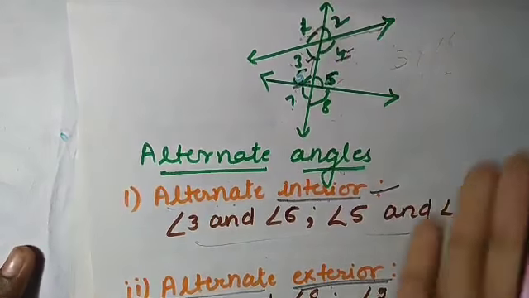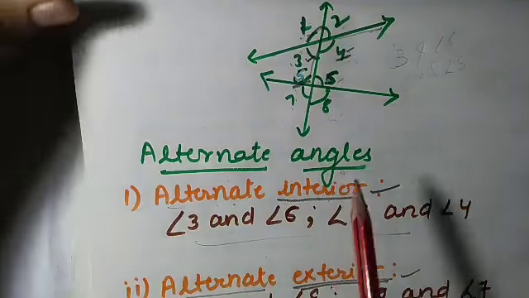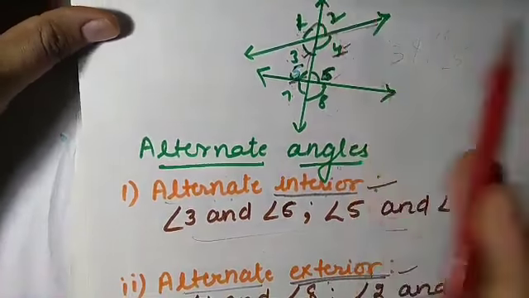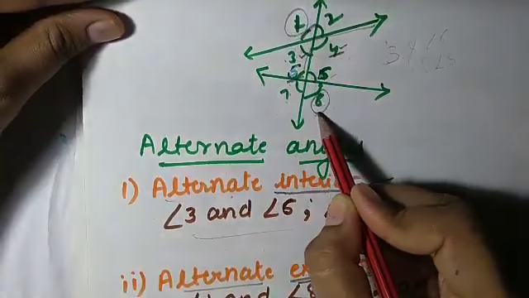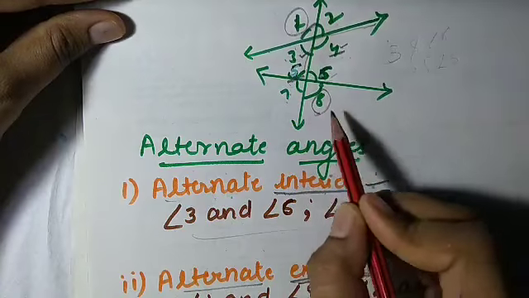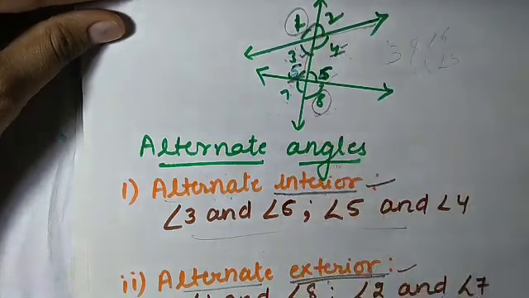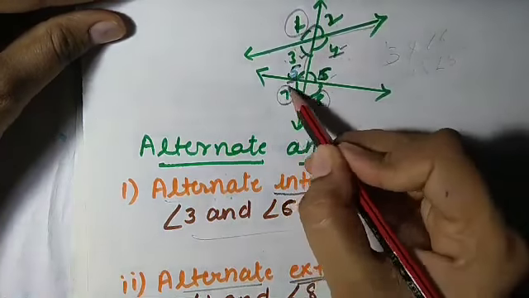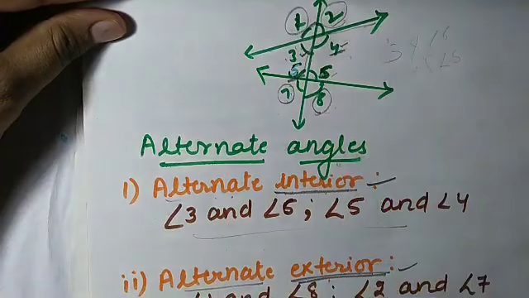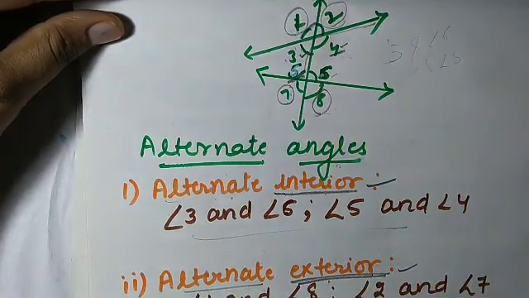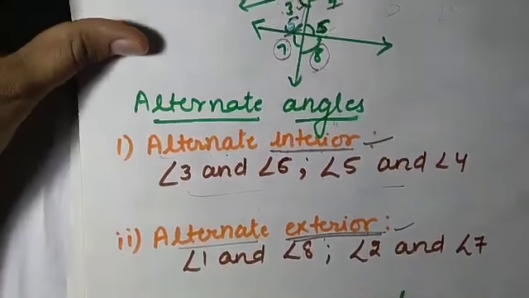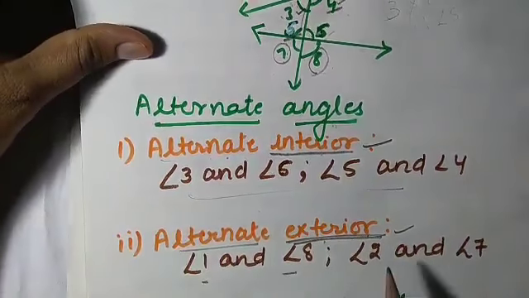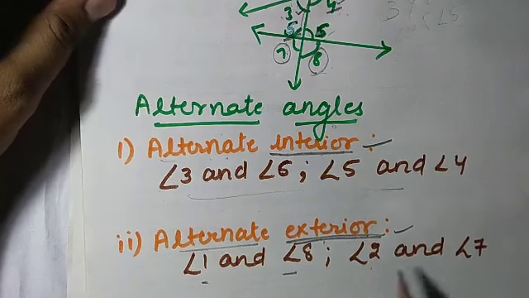So alternate angle means opposite to the transversal. So 1 and 8 are alternate exterior angles, and 7 and 2 is the pair of alternate exterior angles. So we have two pairs, angle 1 and 8 and angle 2 and 7.